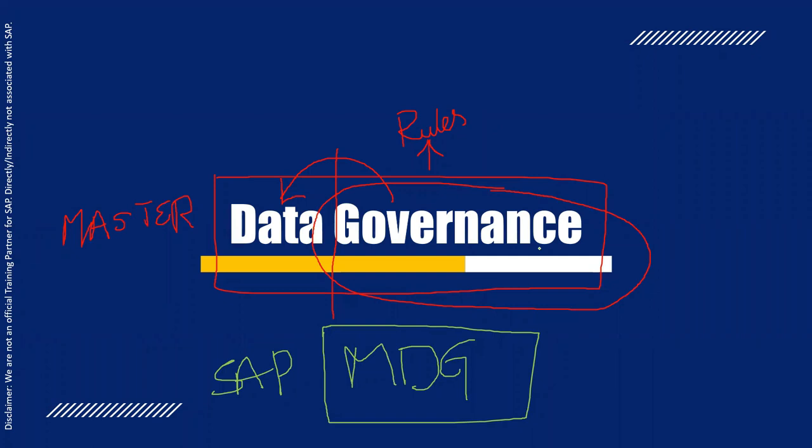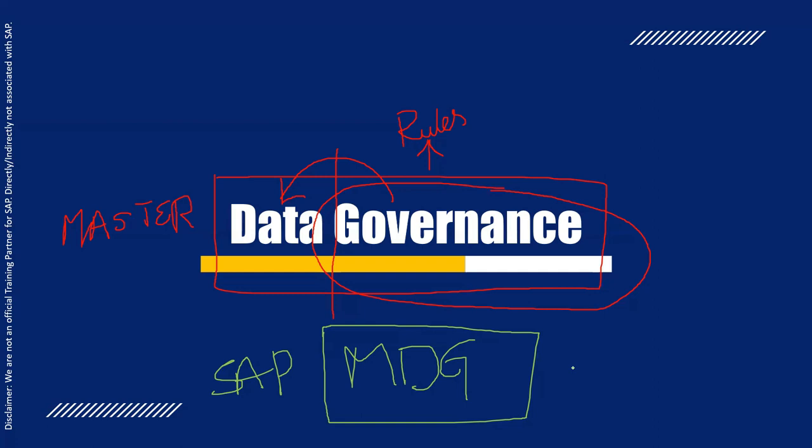That tool is called SAP MDG. This tool is used to control the master data, I mean, to maintain quality, consistent and reliable master data, to avoid duplicates, and to reduce the data errors. I'm saying only to reduce the data errors.